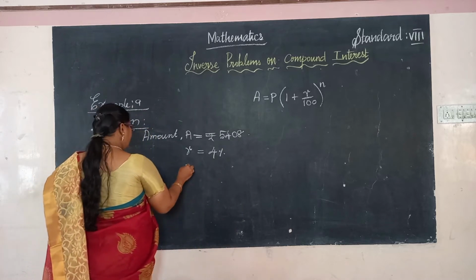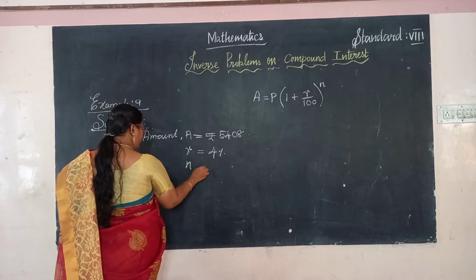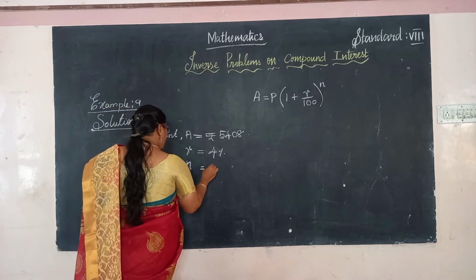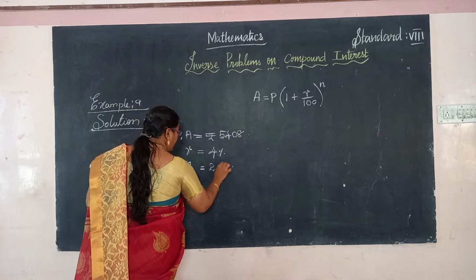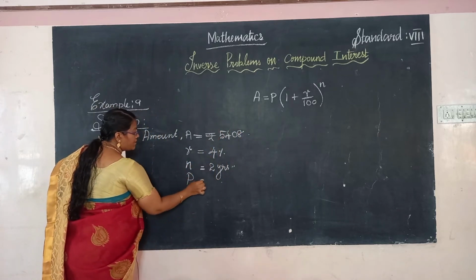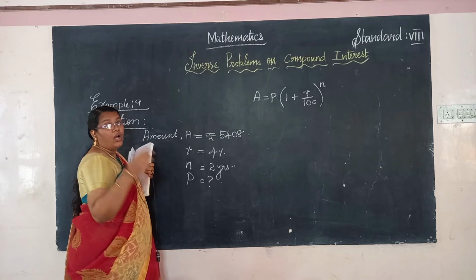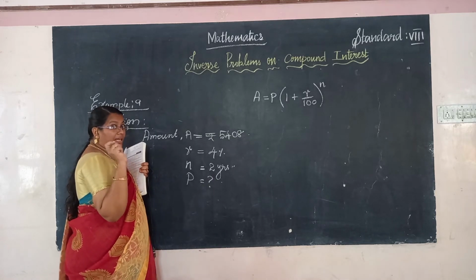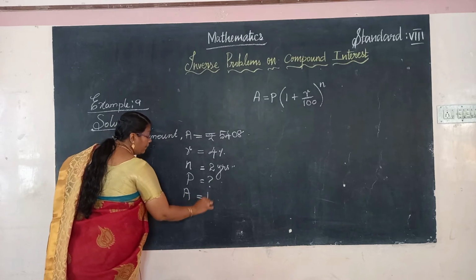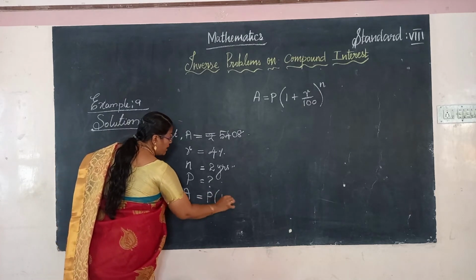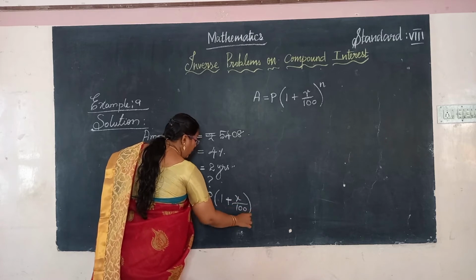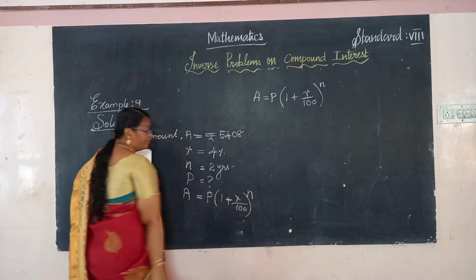Then number of years n, time. How many years? 2 years. You have to find out the principal. So, compound annually calculation. What is the formula? A is equal to P of 1 plus R by 100 the whole power n.